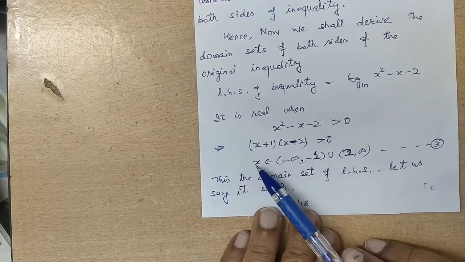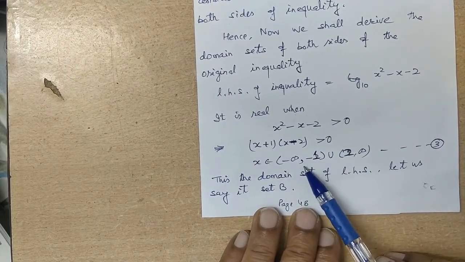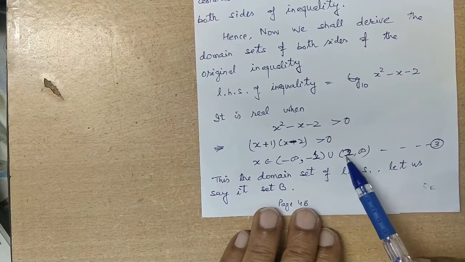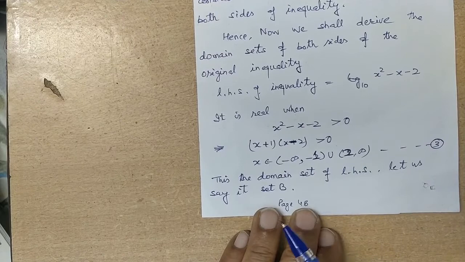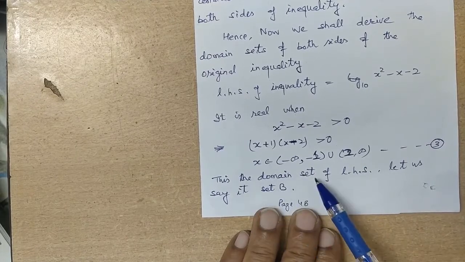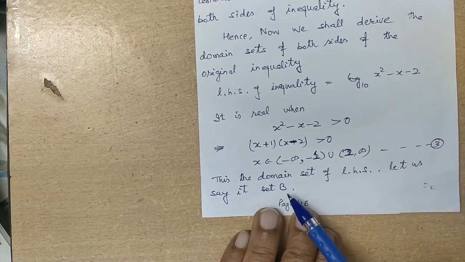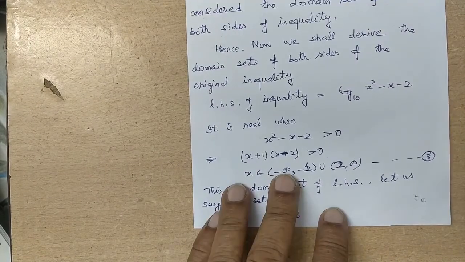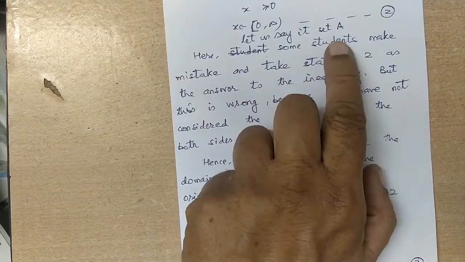By formula, we can say x in (minus infinity, minus 1) union (2, infinity). This is the domain set of the left hand side. Let us say it is set B. The solution set which we have derived by simplifying the original inequality has been termed as set A.